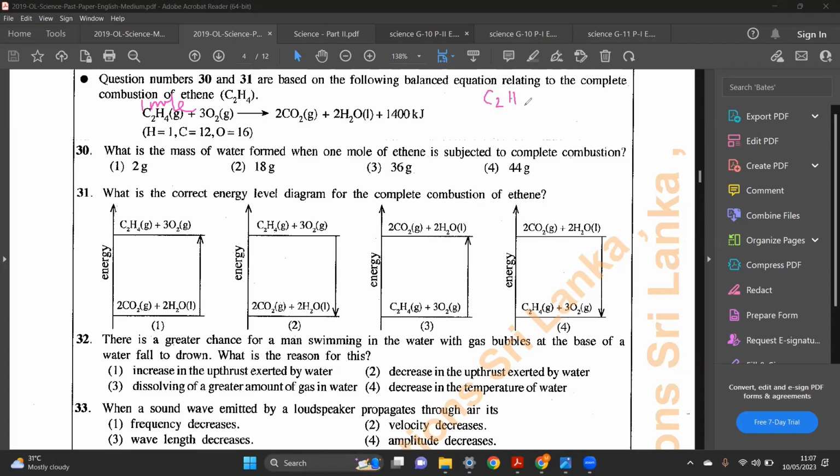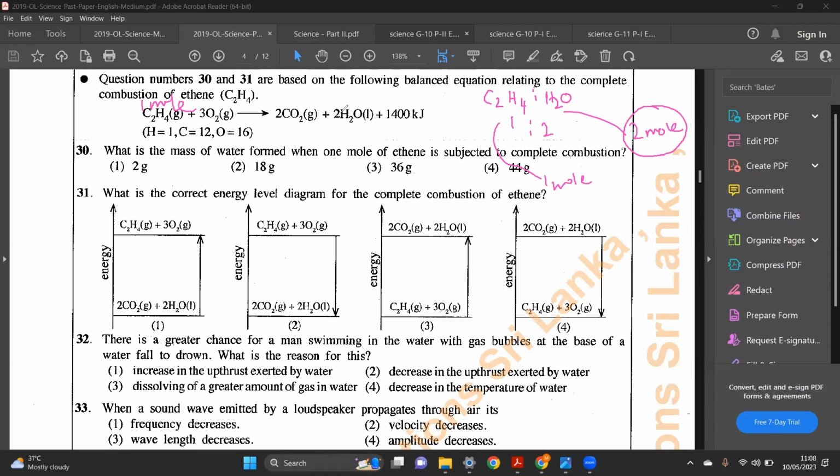Ethene is to water. So that will be 1:2. They've given you the number of moles of ethene as 1 mole, so the number of moles of water is definitely 2 times that. So 2 moles. Now I know the number of moles of water.